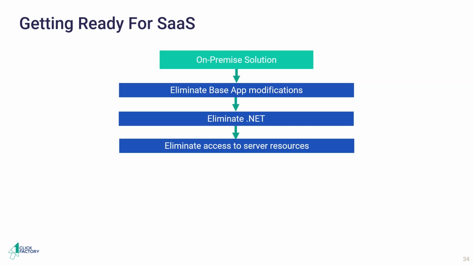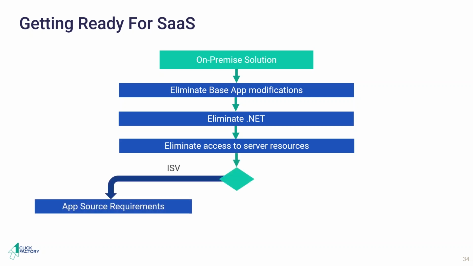And after I have done these 3 steps, I'm almost ready to publish my app onto the SaaS. So the first thing is, if I want to publish my application to the SaaS and specifically to AppSource, I need to go through all the AppSource requirements line by line on my solution in order to publish this application on AppSource.